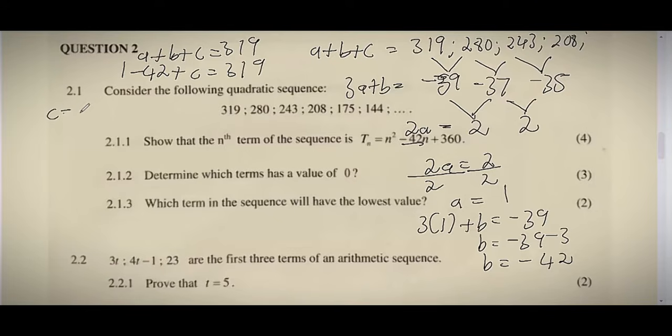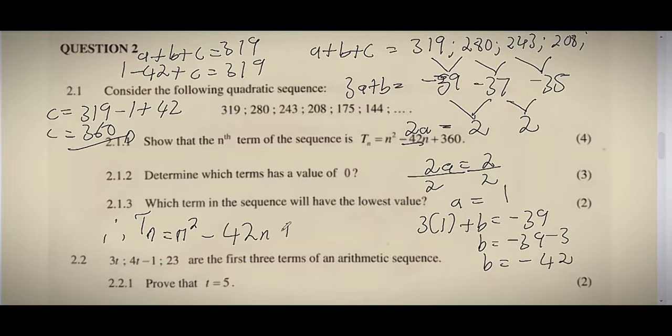Then to find our value for c, that's 319 minus 1 plus 42. Then that's 360. So that means Tn is n squared minus 42n plus 360. So we are correct.